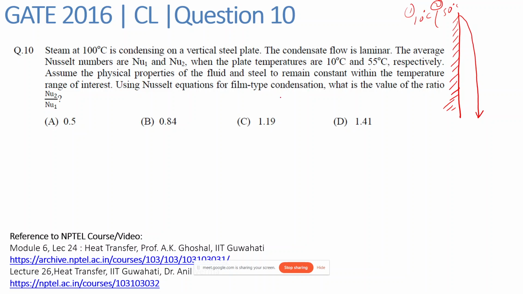Now for film type condensation, you need to remember this correlation, that is Nusselt's number is inversely proportional to delta T raised to 1 by 4. So this thing you can remember.